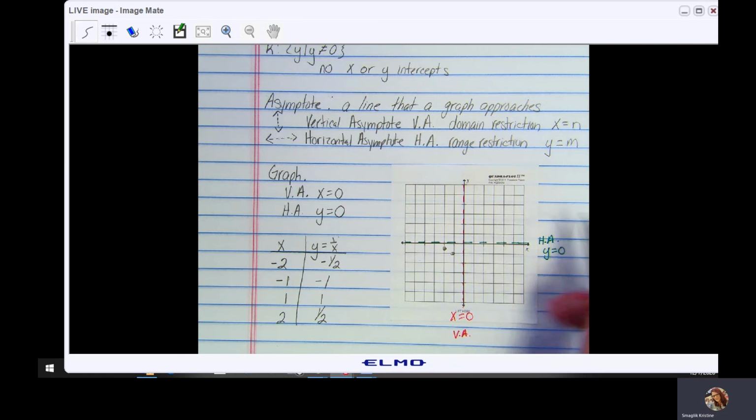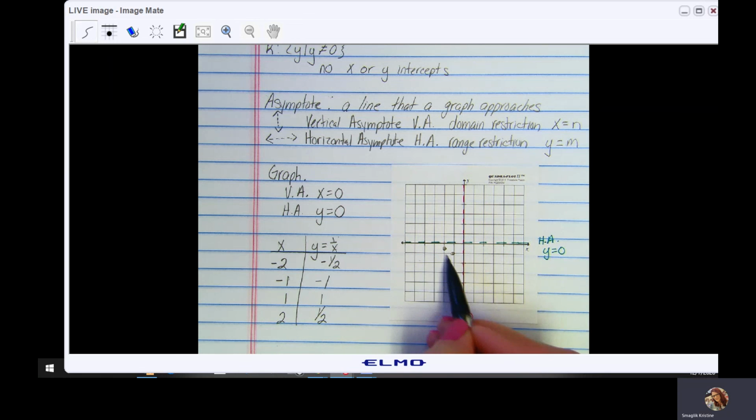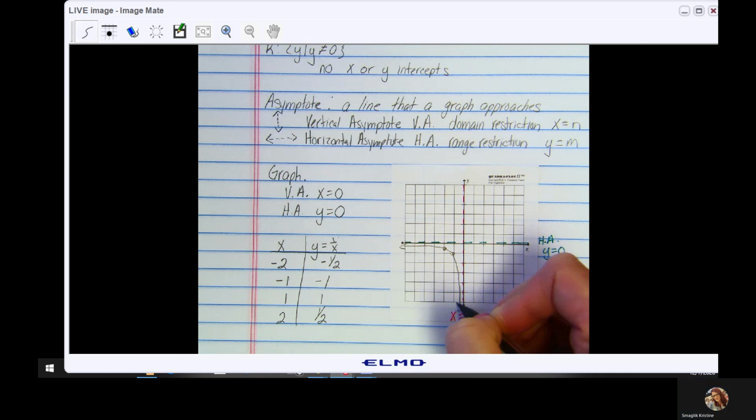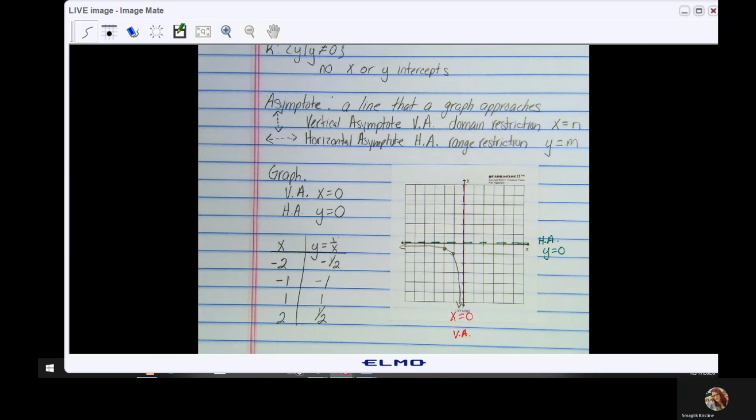So I can tell, just even by looking here, I know my graph is going to approach my horizontal asymptote but never cross. And then over here, it's going to come down. It's always going to be pulled towards that vertical asymptote but never cross.